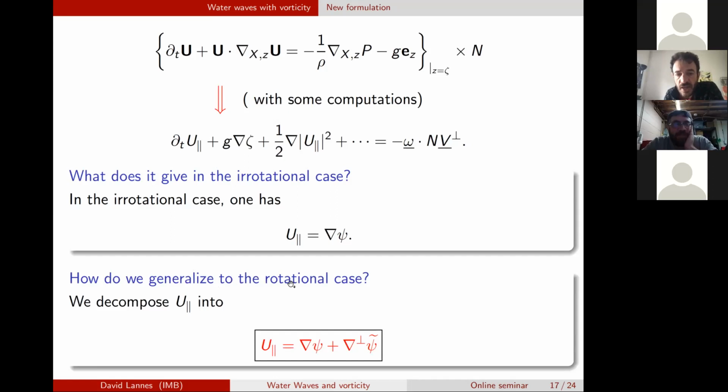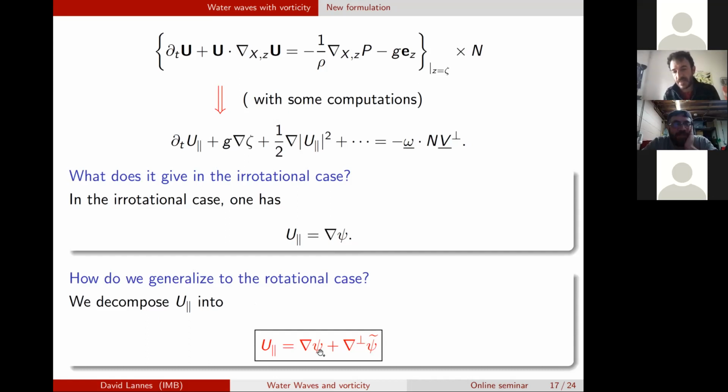And how do we generalize this to the rotational case? We are going to say that u parallel, so in the rotational case, this is no longer a gradient vector field, but we know that since u parallel is a vector field in R2, we can decompose it into a gradient vector field plus an orthogonal gradient vector field, and I will call this quantity psi tilde. Okay, so this is the way I will define this scalar quantity psi.